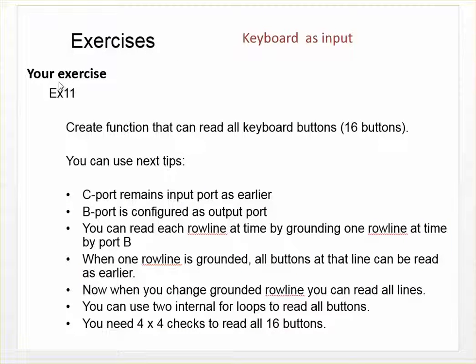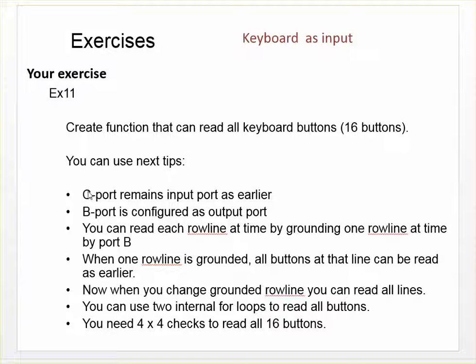And here's exercise 11. If you feel that this is too complicated or too difficult, you can also ask help from the assistant or your teacher. But let's go through the basic idea of how this should work. The idea is to read all these 16 buttons, and here are some tips on how you could do that.